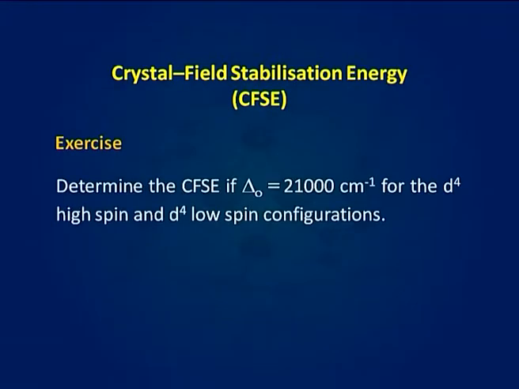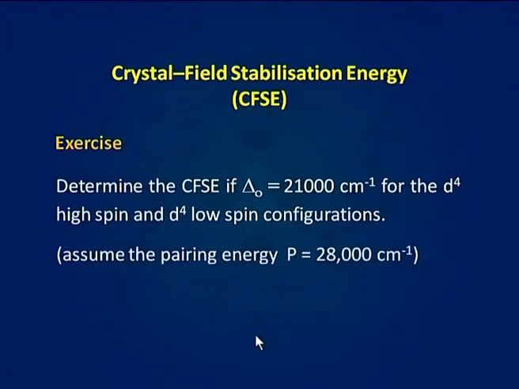Determine the crystal field stabilization energy if delta O is equal to 21,000 per centimeter for the d4 high spin and d4 low spin configurations. Assume the pairing energy P to be equal to 28,000 per centimeter.